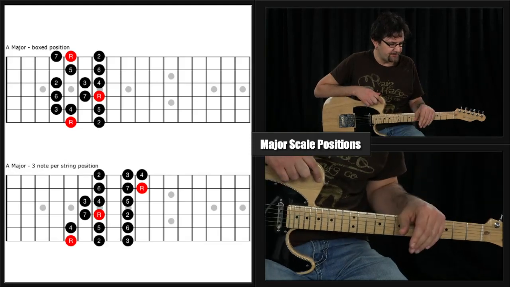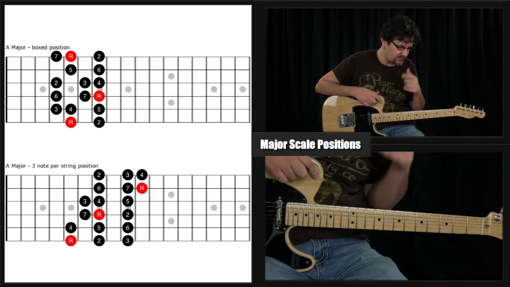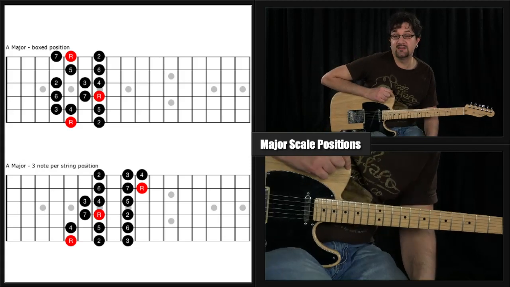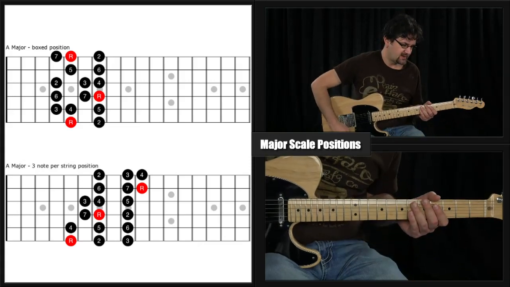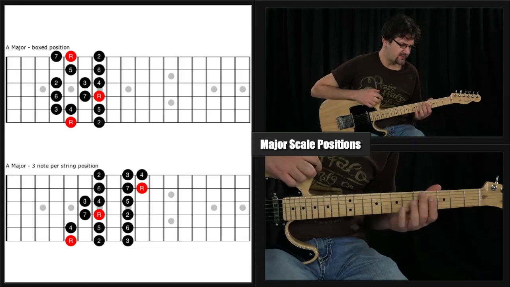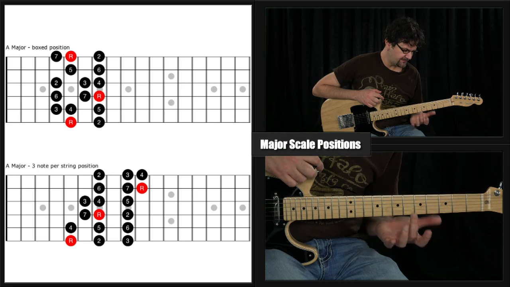So let's give that a try. Let's learn that top one, the box position. You already know it, or at least you know the first octave because that's the shape we've been learning. And remember, try to stick to 1 finger per fret as you're playing this. So we're going to start with the middle finger.